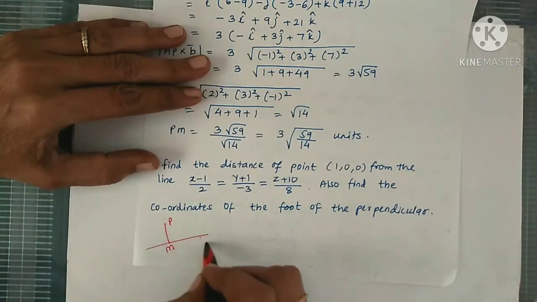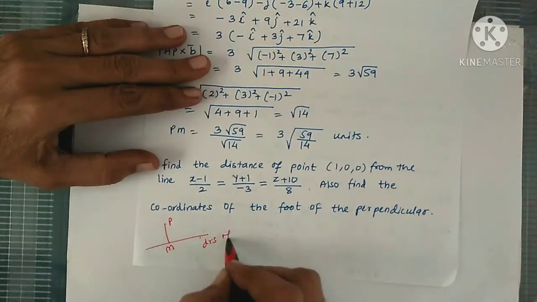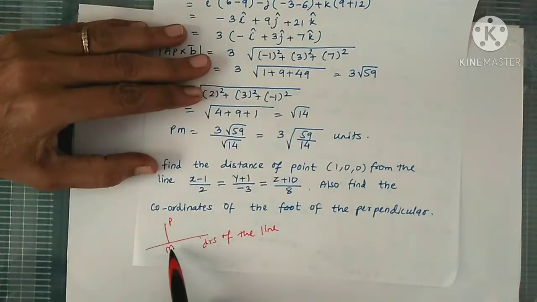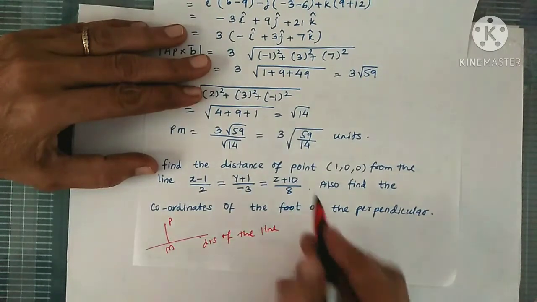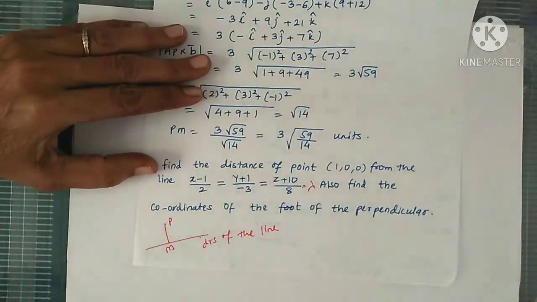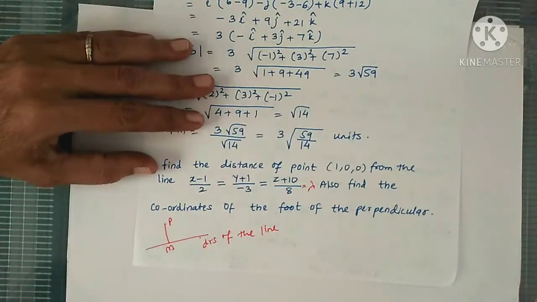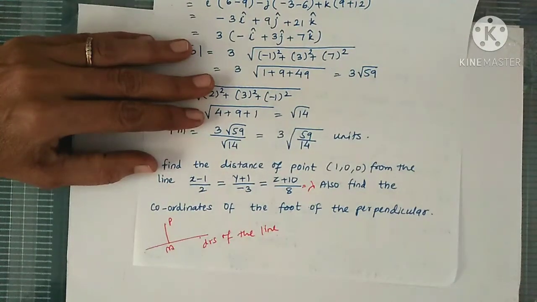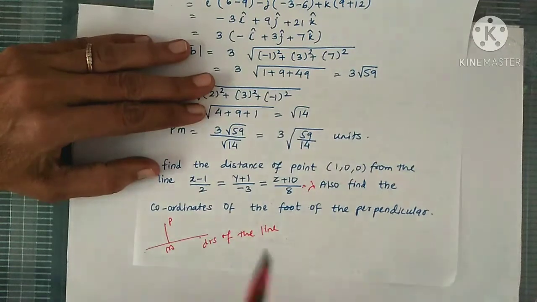of finding the direction ratios of the line. Then write this point M in terms of lambda. For that, take this equation equal to lambda and find x, y, z. Those are the x, y and z coordinates of any point on the line. For a specific value we will get the coordinates of M, so we have to find that lambda.